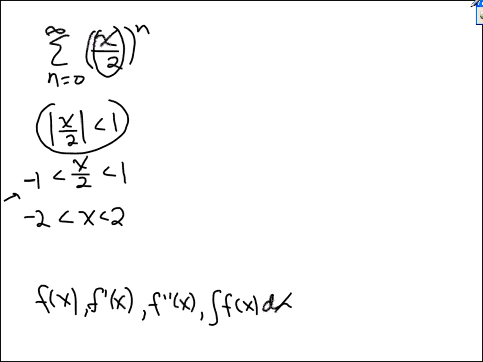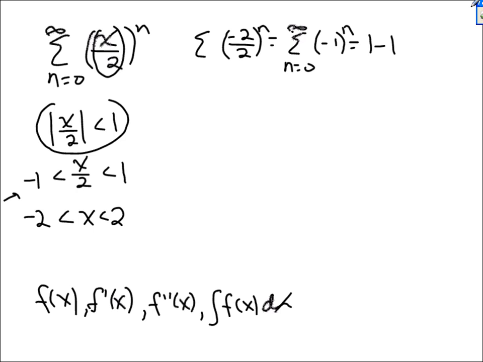What if x is negative 2? We get negative 2 over 2 to the nth power. But negative 2 over 2 is negative 1 to the nth power. And n goes from 0 to infinity. So 1 minus 1 plus 1 minus 1. This diverges.